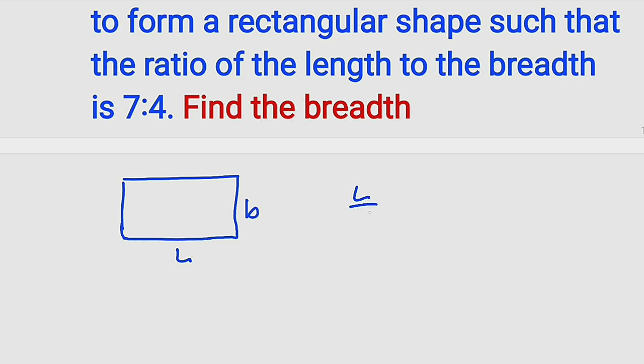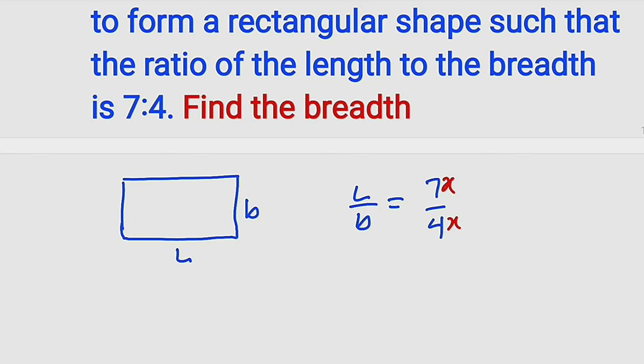Therefore, length divided by the breadth is equal to 7 divided by 4. We cannot conclude that the length is equal to 7 because this is an equivalent fraction. Maybe the fraction has been reduced to the lowest term. Therefore, we can attach a value here like x. x here, x here. Still, if you divide, you're going to get 7/4.